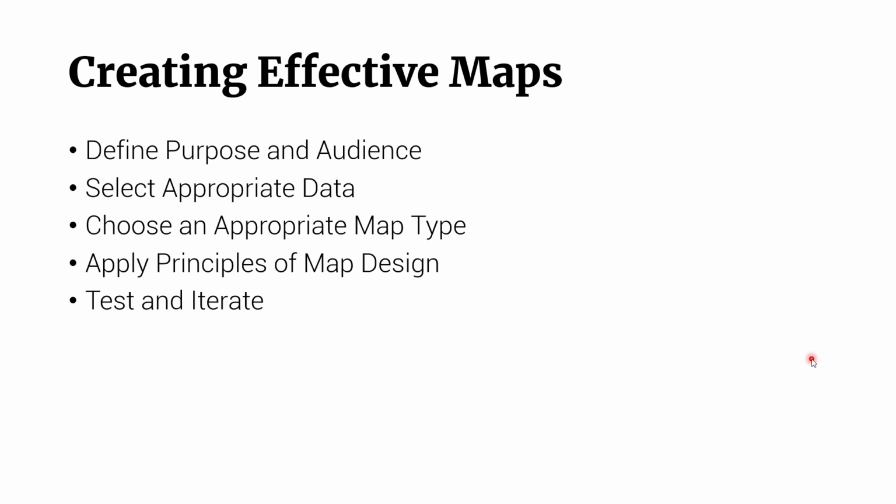The third one is choose an appropriate map type. Determine whether or not you must use a thematic map, topographic map, or other map types that suits the purpose. For example, choosing choropleth map to represent data by regions. Depende.